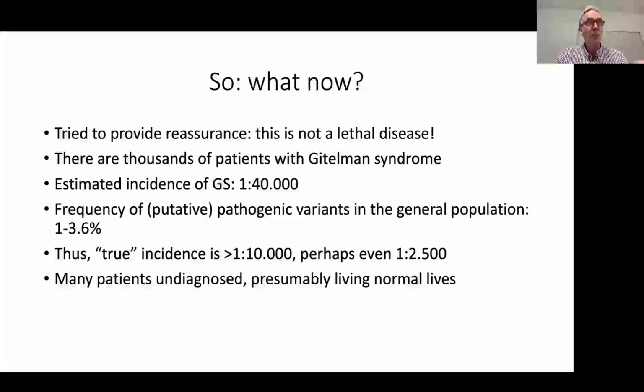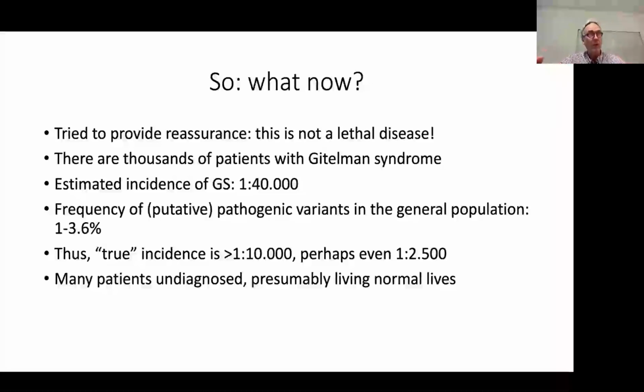To what degree the frequency of such severe complications is increased compared to the general population, we have absolutely no idea. In fact, from clinical practice, the estimated incidence of Gitelman syndrome is 1 in 40,000. From the frequency of these pathogenic or putative pathogenic variants in public databases, we think that the true frequency of Gitelman syndrome is probably more like 1 in 10,000 or perhaps even 1 in 2,500.